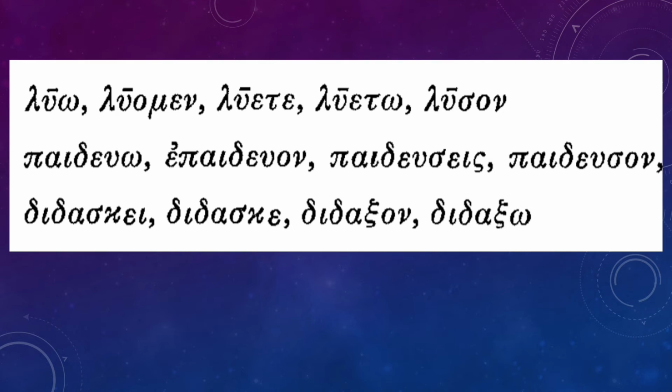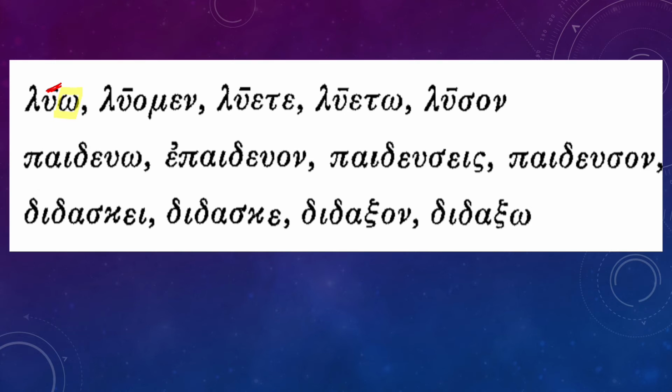So now we have the first one is luō. We have 2 syllables with the ultima being long, and so the accent will be on the penult, acute on the penult.